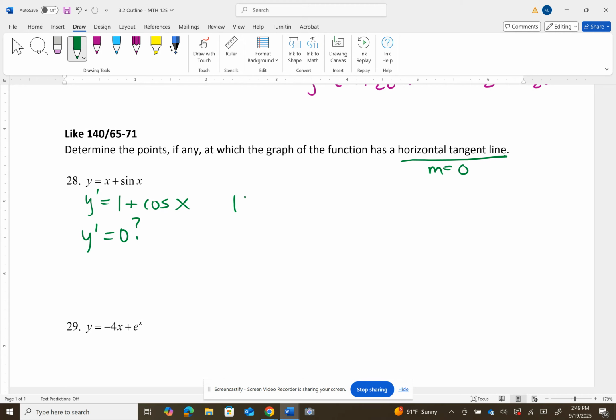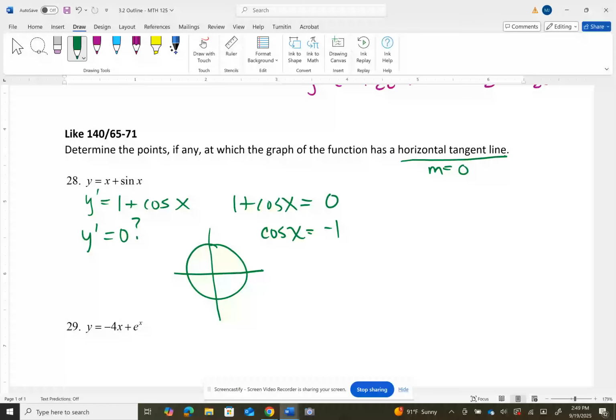So I'm going to take 1 plus cosine x and think about where that equals 0. So I'm going to solve that equation. So cosine x would have to equal -1. Look at your unit circle. Remember, cosine is the first coordinate, and I know right there would be the ordered pair -1, 0.